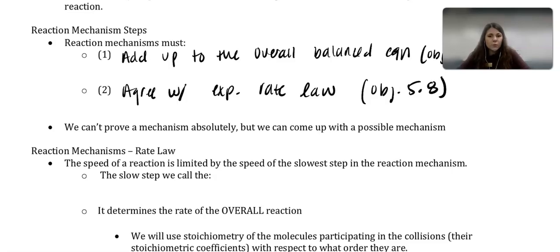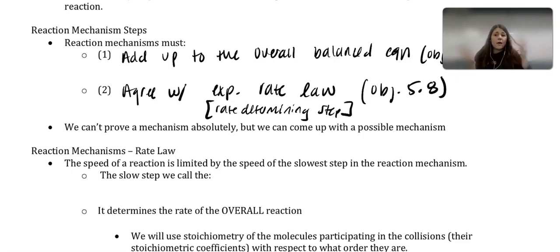When I say experimental rate law, sometimes you would be told a rate law, or it also could be that the mechanism just comes from the rate determining step, which we'll talk about here too. So it can be either of them based on how the question is structured.